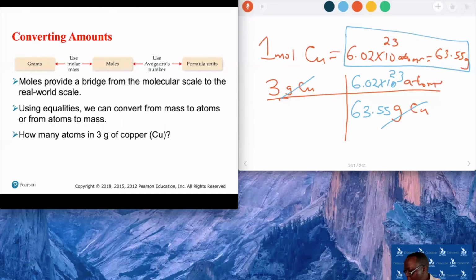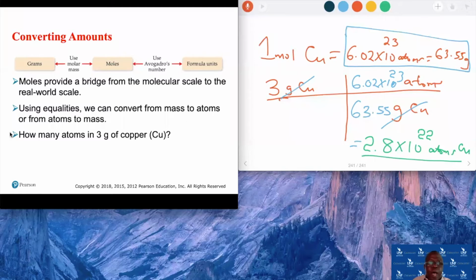I see this is 2.8 times 10 raised to 22 atoms of copper. This is the numerical value.